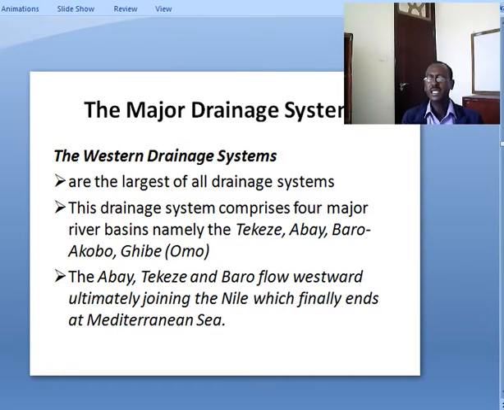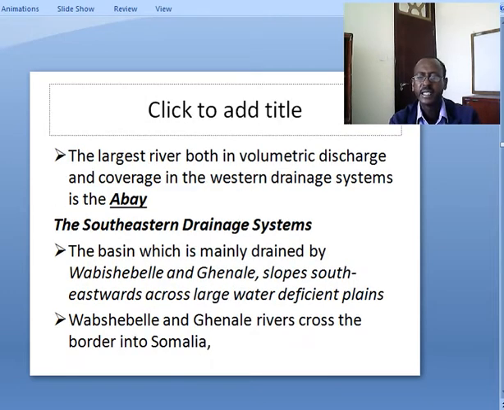From this, the Abai, Takaze, and Baro flow westward, ultimately joining the Nile, which finally ends at the Mediterranean Sea. So these are international rivers that will go abroad, out of Ethiopia. Abai, Takaze, and Baro will go westward and will drain to the Mediterranean Sea.